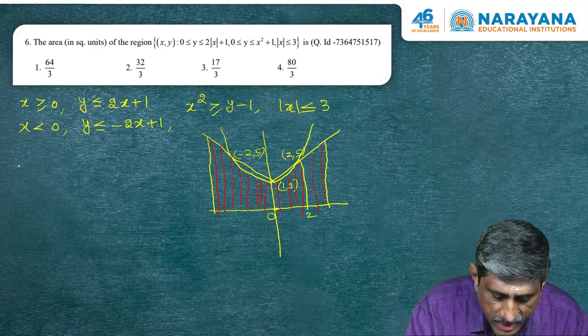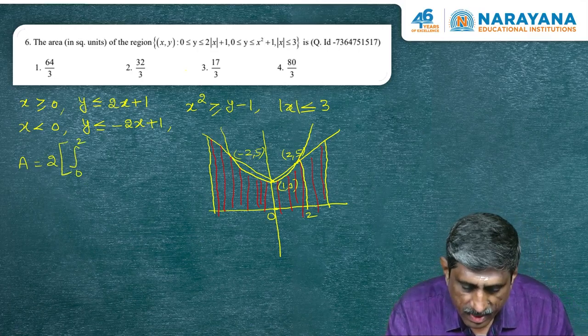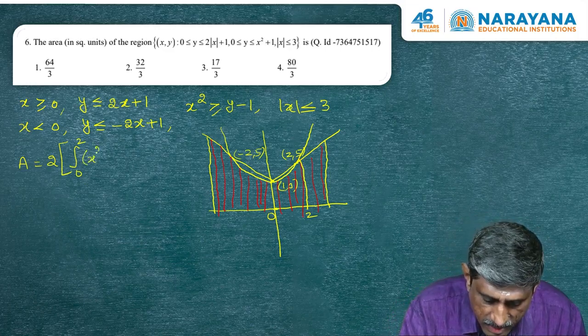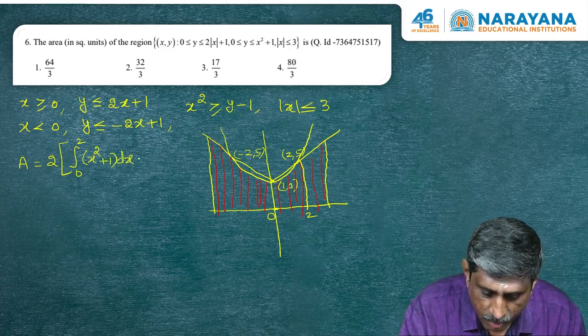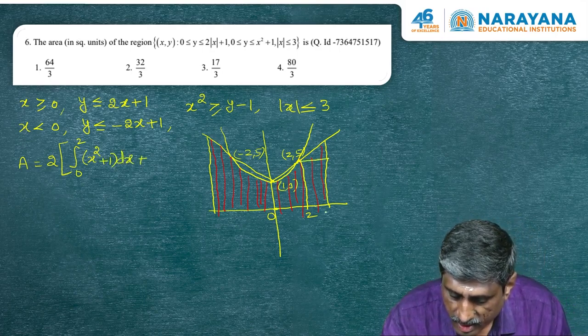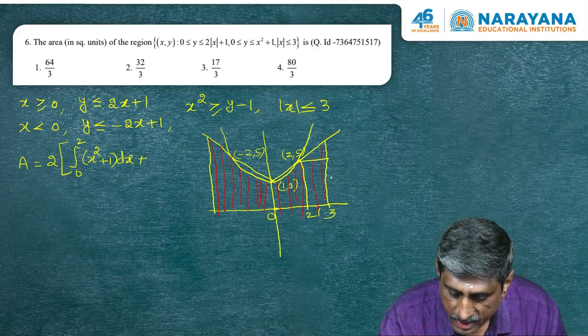So, the required area I can say is 2 times of, and here integral 0 to 2, the value of y is nothing but x square plus 1, x square plus 1 dx plus, and this is a rectangle. For this rectangle, this line is 3, so this is 1 and this height is 5.